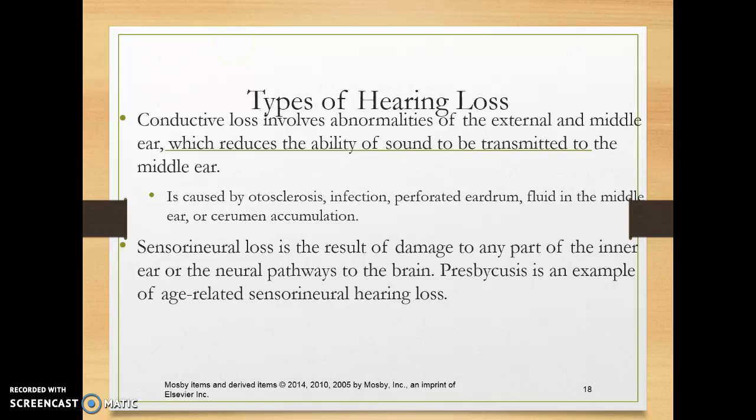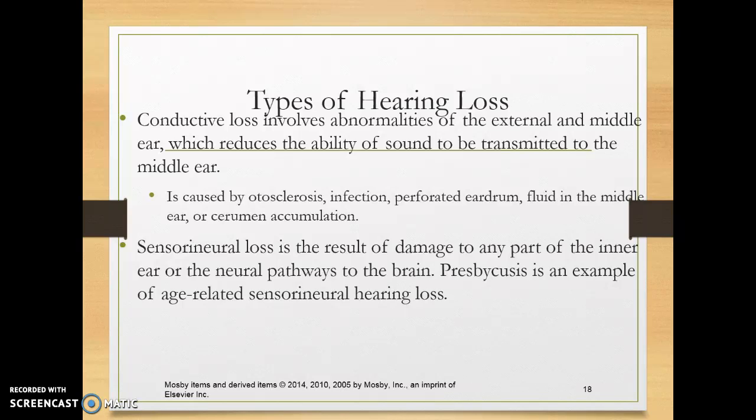So, types of hearing loss. There's conductive loss, which involves abnormalities of the external and middle ear, which reduces the ability of sound to be transmitted to the middle ear. It is caused by otosclerosis, infection, perforated eardrum, fluid in the middle ear, or wax accumulation.